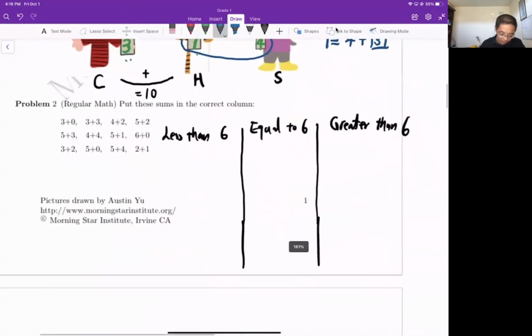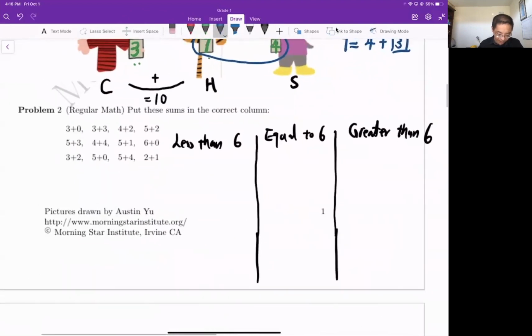Question number 2. Here we have 12 sums, and we want to put them into 3 groups: those that are less than 6, equal to 6, and greater than 6. We can use this notation for less than 6, this one for equal to 6, and this one for greater than 6.